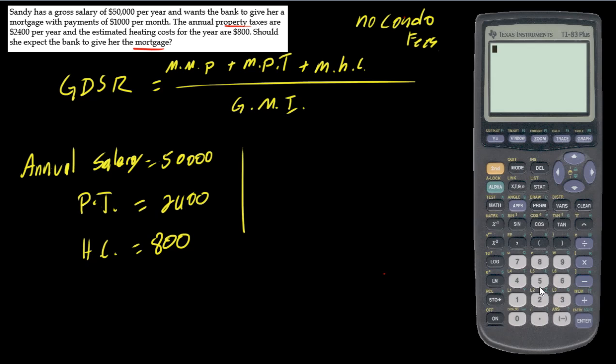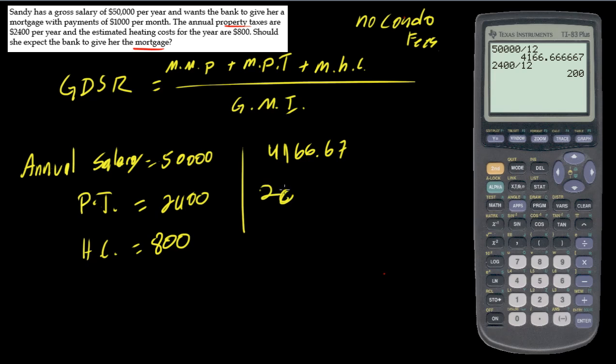So calculators out, we get our 50,000 divided by 12, which is 4166.67. Then 2,400 divided by 12 is 200.